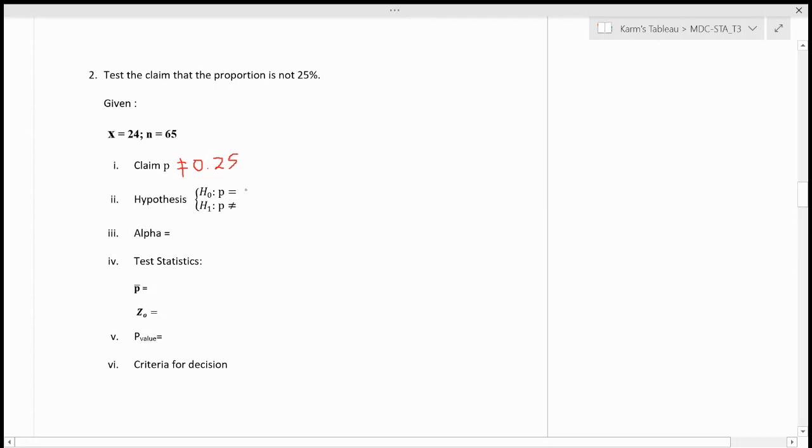That's also going to be 0.5 right here, and 0.25 over there. So what kind of tail do we have here?